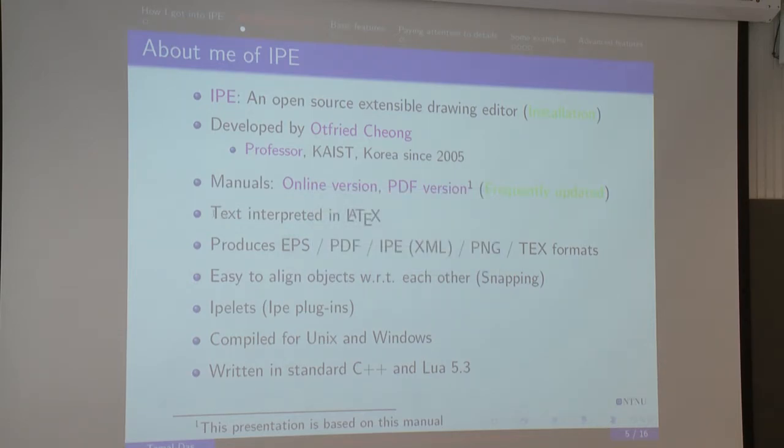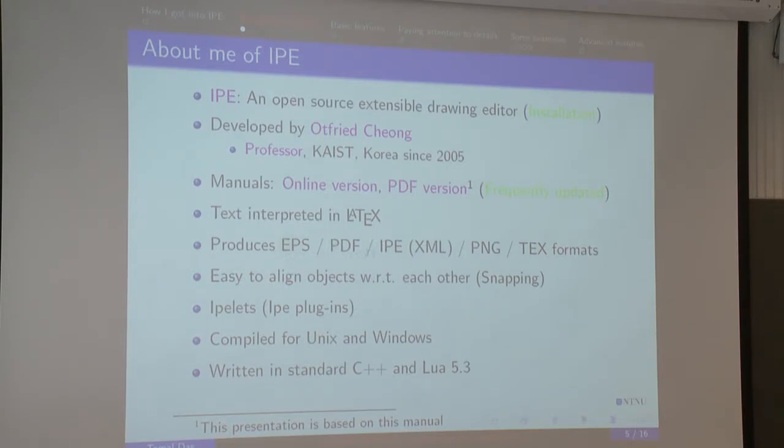And the nice thing about IPE is that the text is LaTeX interpreted. So if you want to include some variables which have to look like math mode, they will appear in your figure exactly how you would present them in your text in LaTeX. It can produce several different formats, starting from EPS, which is a vector graphic format.